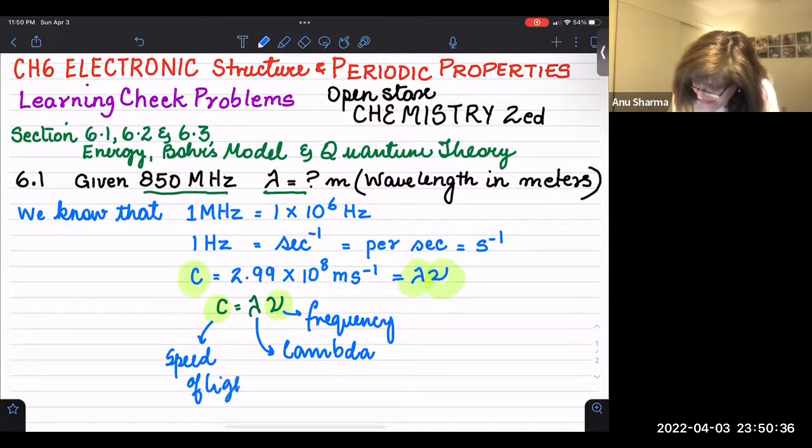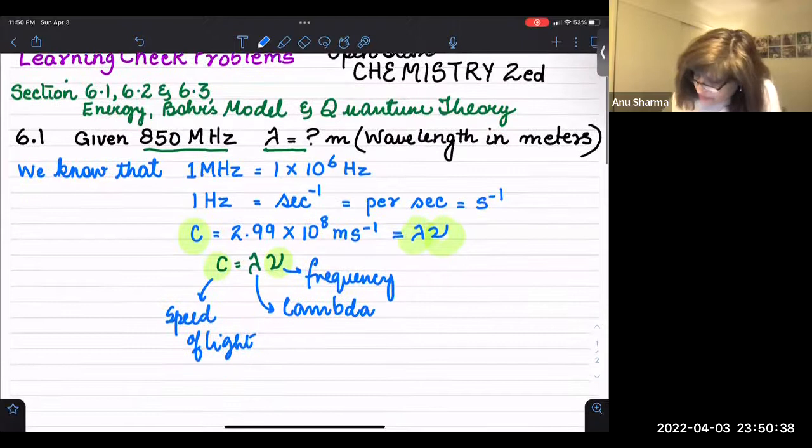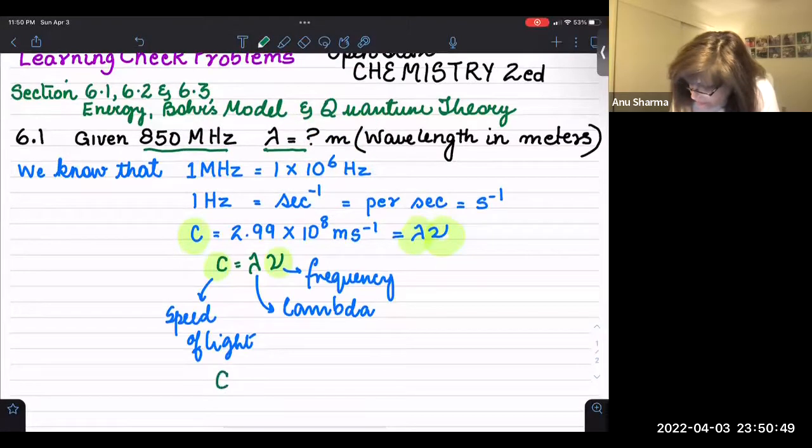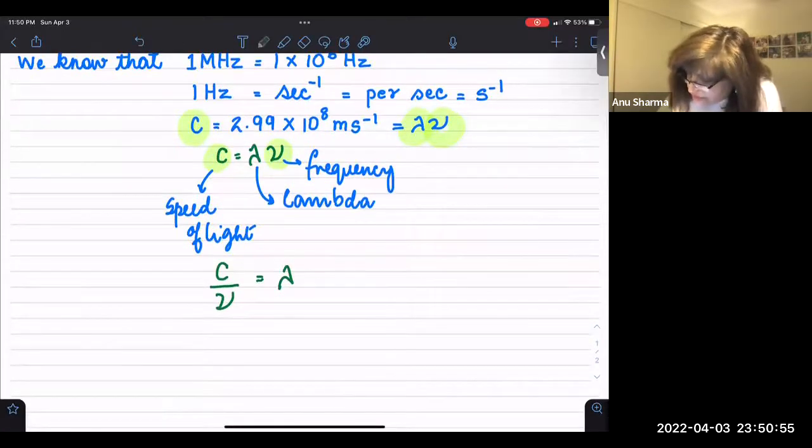Now, in this relationship, you can find the value of lambda by simple algebraic transformation. So you take C over nu is equal to lambda. This relationship we are going to use to find the wavelength.